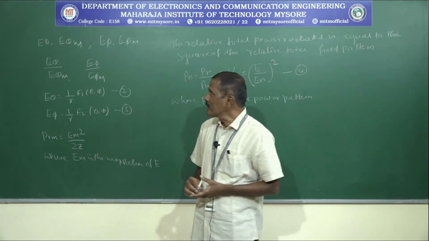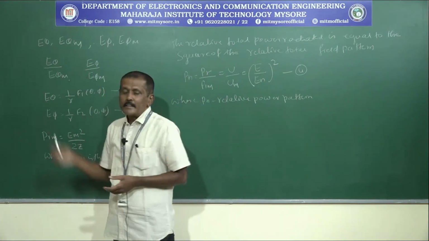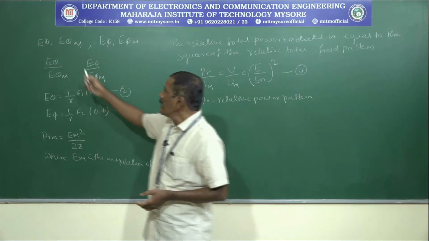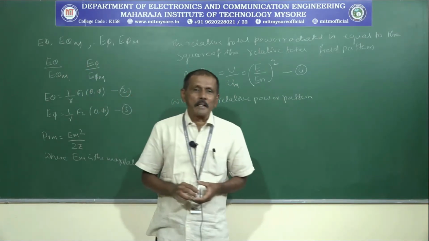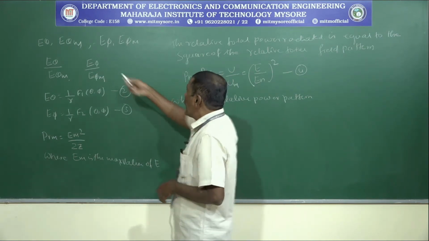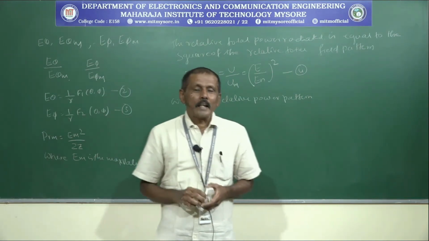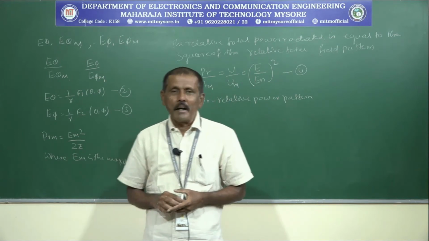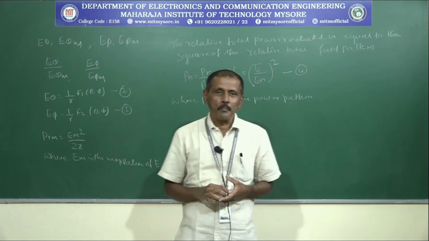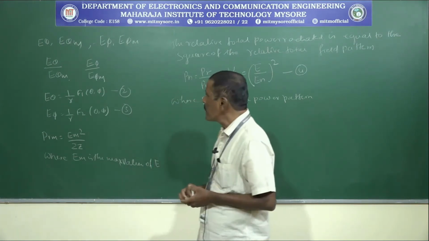Now, let us consider E theta as the electrical field component at any point, and E theta m as the maximum electrical field component, and E phi as the electrical field component in the phi direction, and E phi m as the maximum electrical field component in the phi direction.